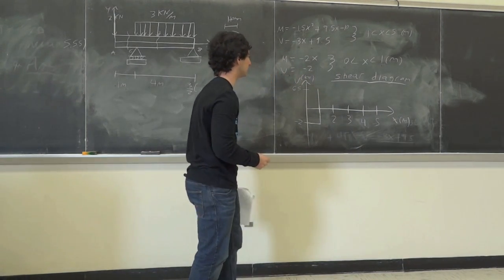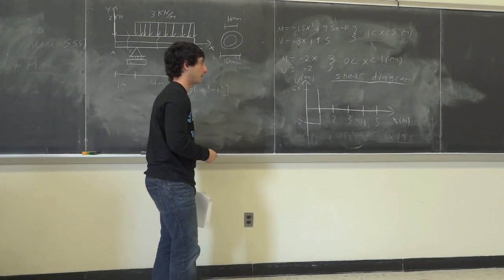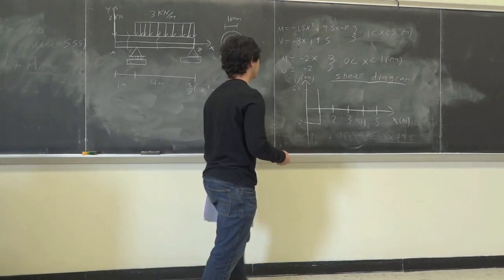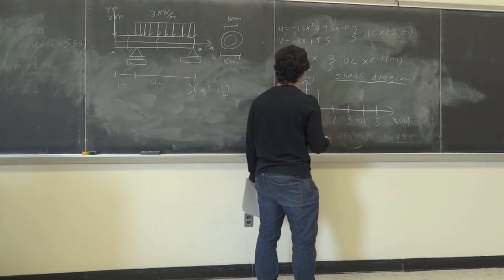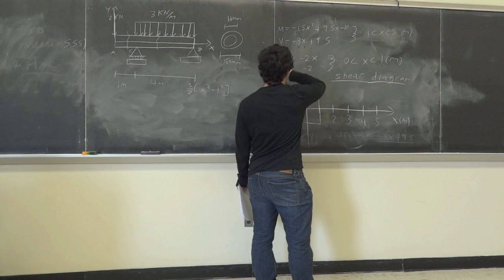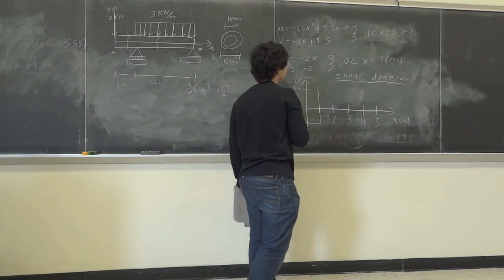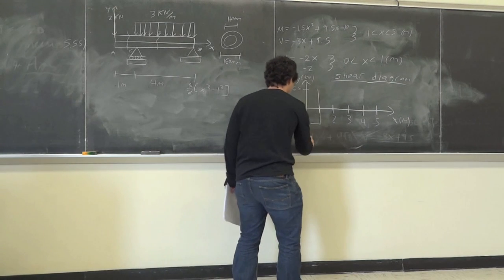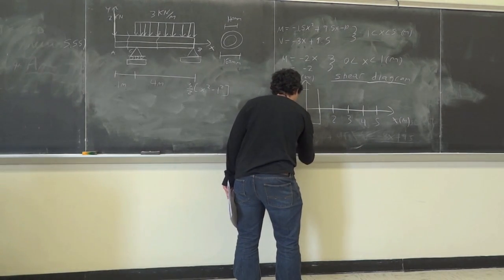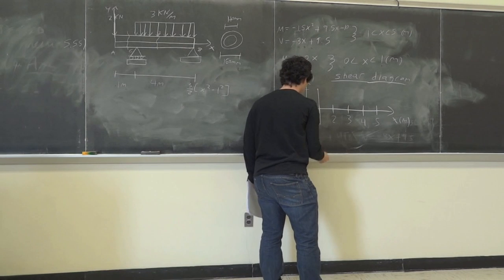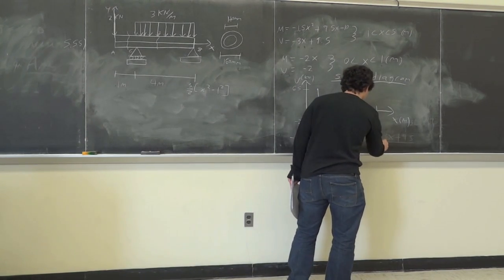And then what happens? It goes down. It goes down until when you plug in 5, what value do you get? You get -5.5, right? So it goes from 6.5 all the way at the end of the beam, it goes down to here.